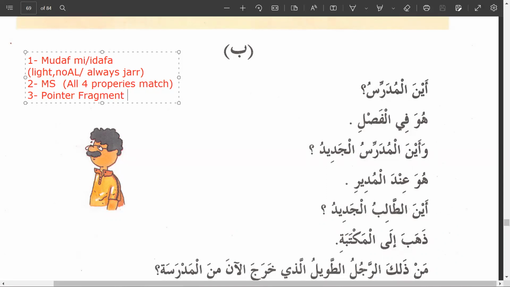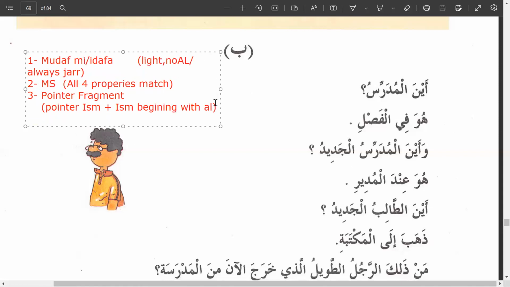The pointer fragment is with a pointer ism at the beginning, and an ism beginning with al. Okay, so that's a pointer ism.